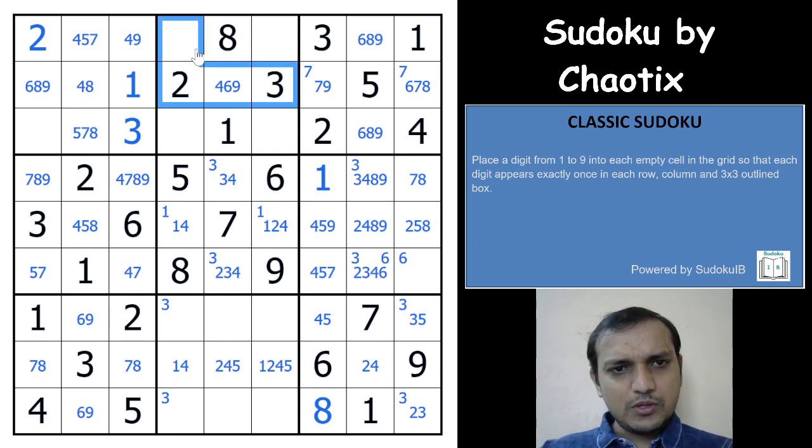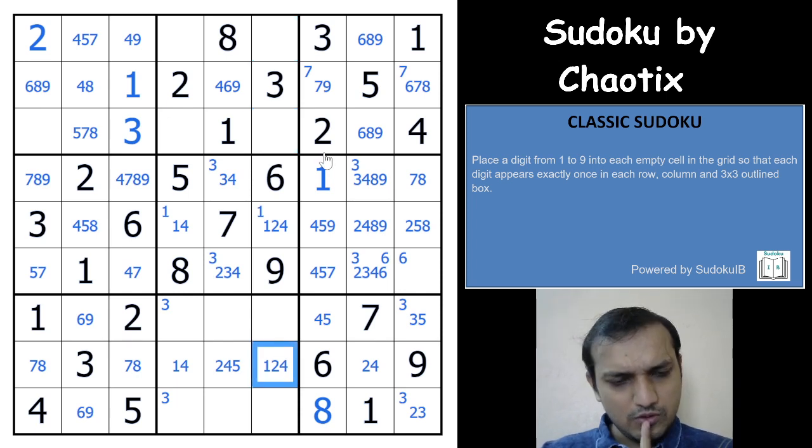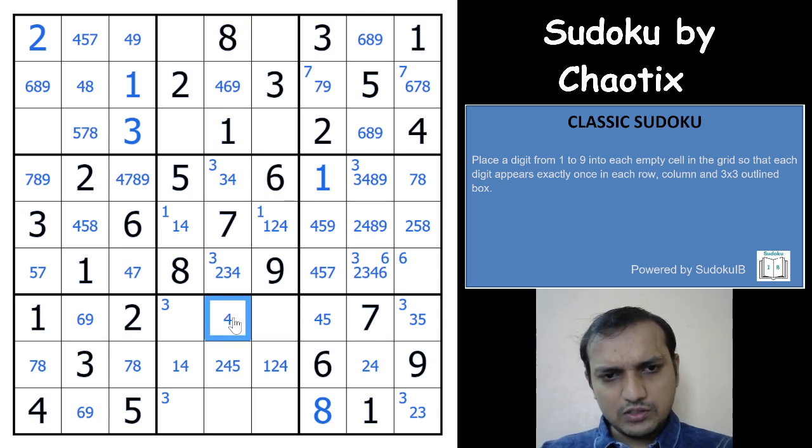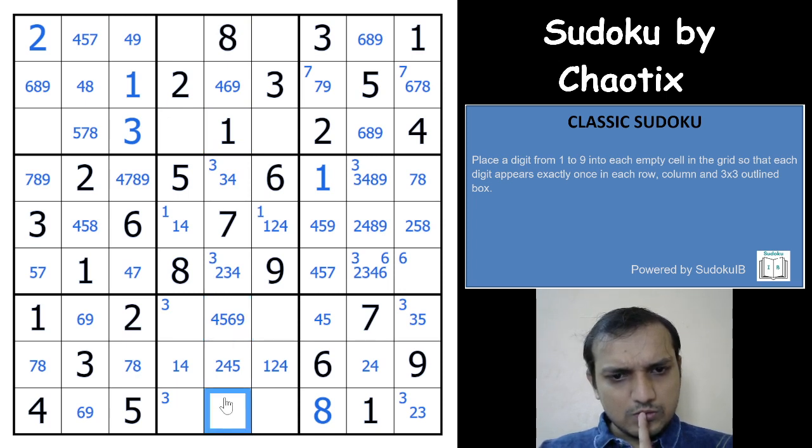Okay, 5 cannot be here. 5 cannot be here. 5 has to be in one of these two cells. This cell is not a 5. So 1, 3, 7 and 8 cannot be in any of these three cells. 2, 4, 5, 6, 9. 4, 5, 2, 6 and 9.